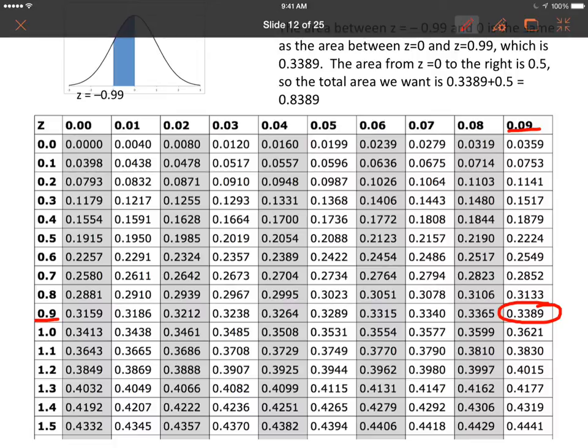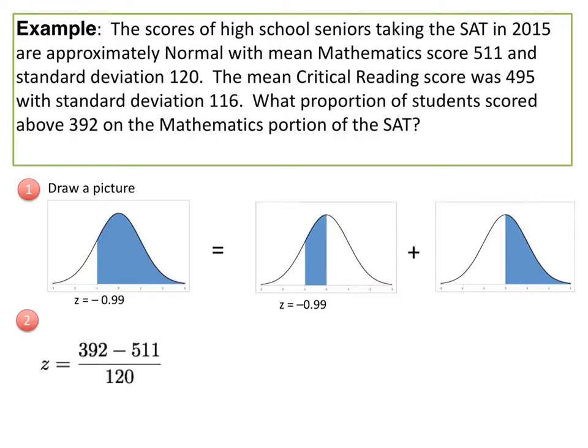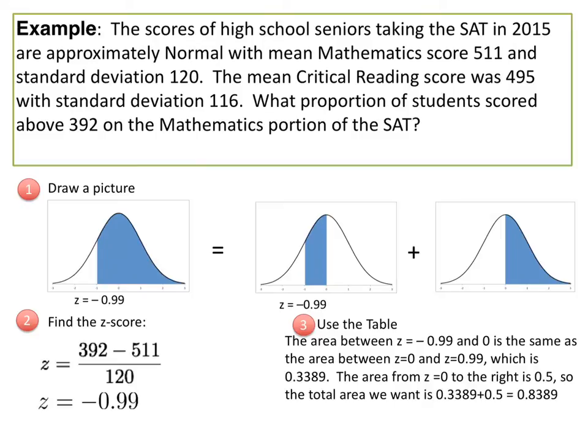So when we add that to the area that we had, oh no, let's go back here. Okay, so when we add it to the right area from 0 to the right, we got 0.8389.